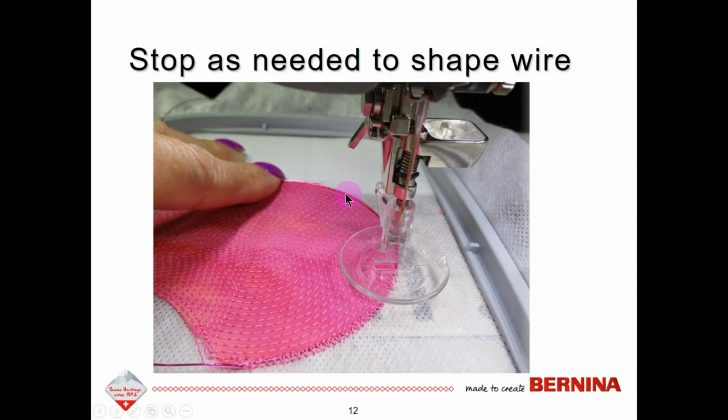And if you can see, I've got the wire bent around the shape and you can hold that in place because you're using the foot control and it will then slowly zigzag over the wire. And there's quite a bit of leeway you'll see in between the gauge of the wire and the zigzag stitch.